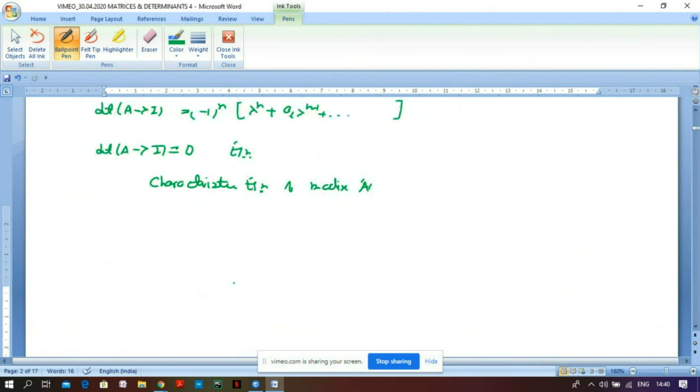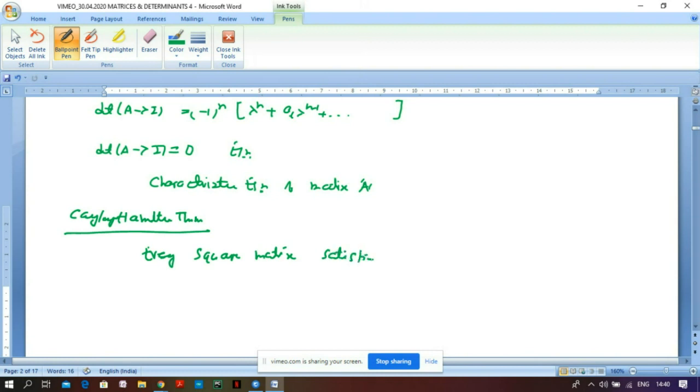Now this is how the theorem gets its name. The theorem is called the Cayley-Hamilton theorem, and the theorem says that every square matrix that is n by n satisfies its characteristic equation.